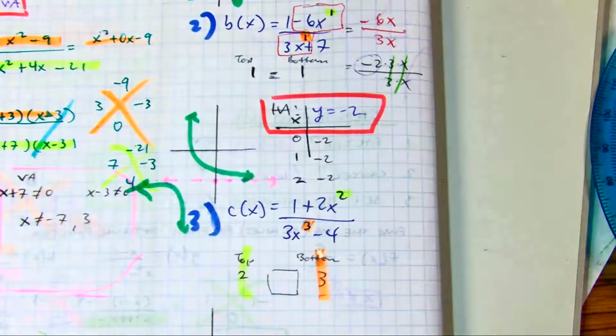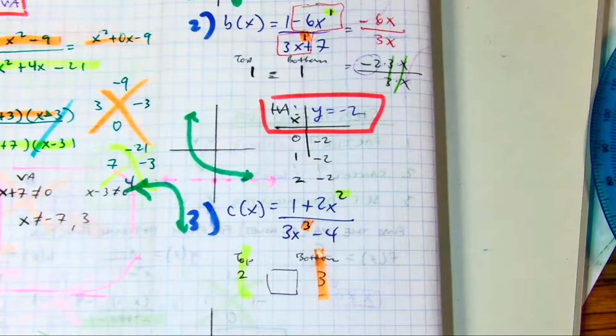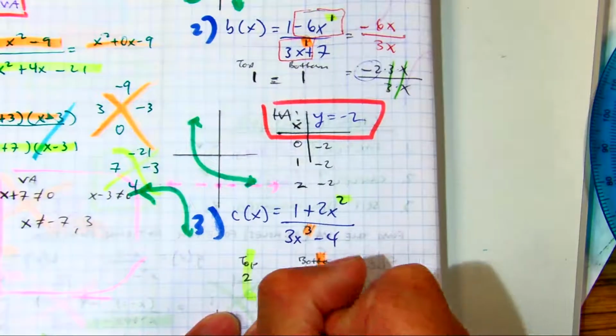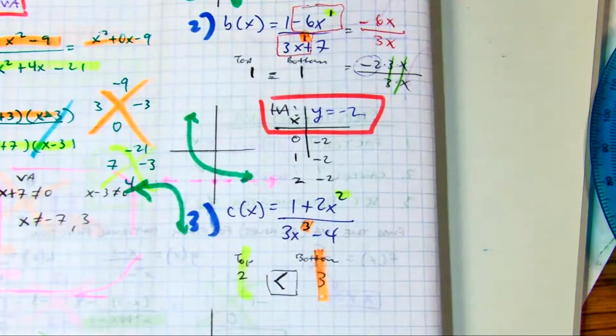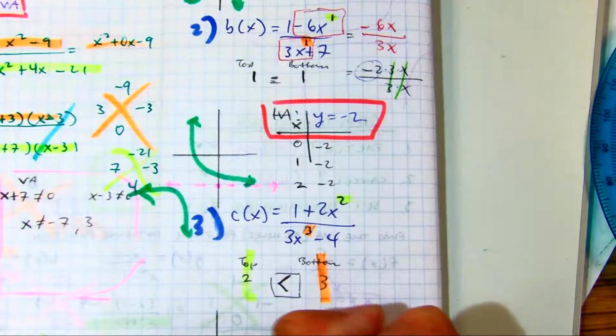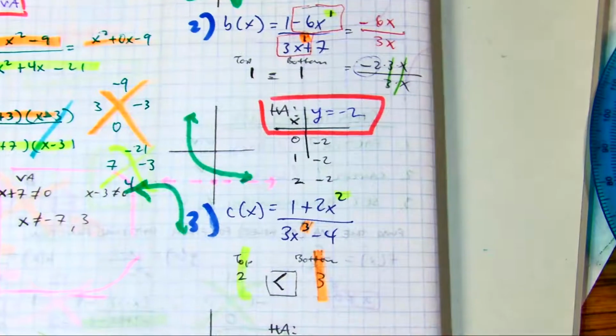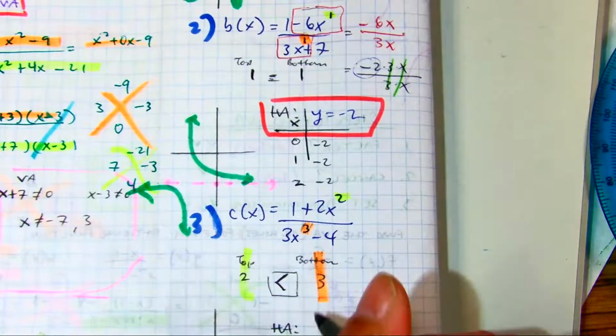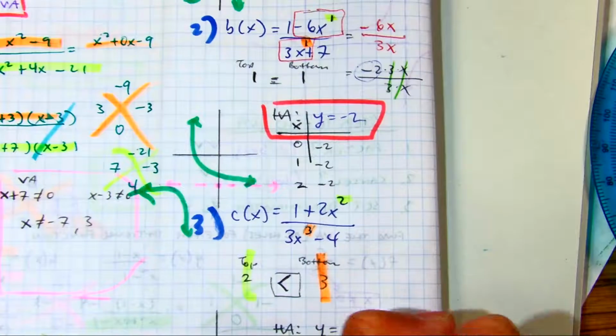Brianna, what inequality do you write there? You are correct. If I write less than, Ruben, what do we know about the horizontal asymptote? The answer is y equals 0. Raise your hand if you got that.